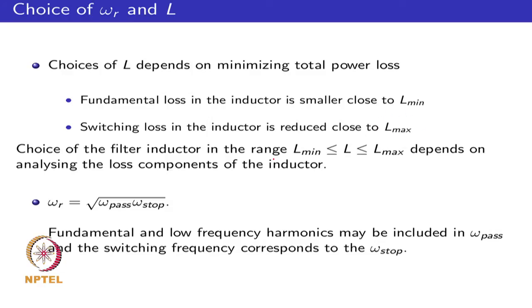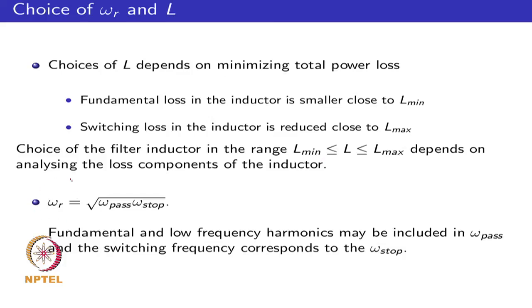Then you look at the overall picture to see what point would correspond to the lowest loss, and we will look at this issue in the subsequent slides to determine the optimum value of your inductance between the L min and L max range, by analyzing the loss components within the filter inductor.